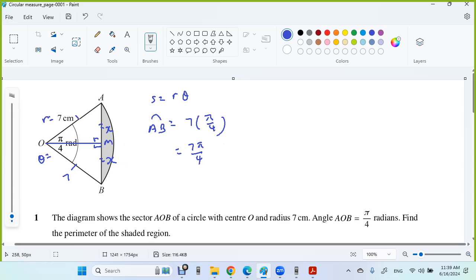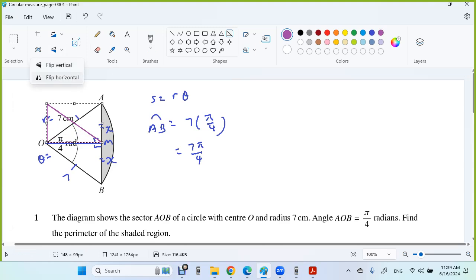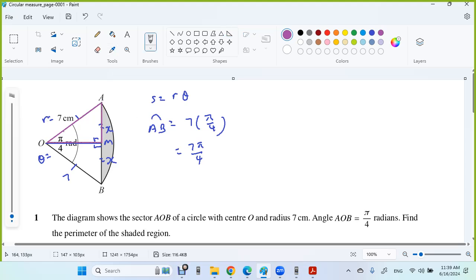This is a right angle triangle. For this right angle triangle, the angle will become pi over 8 radian. What we want to find is the opposite, and this is the hypotenuse.